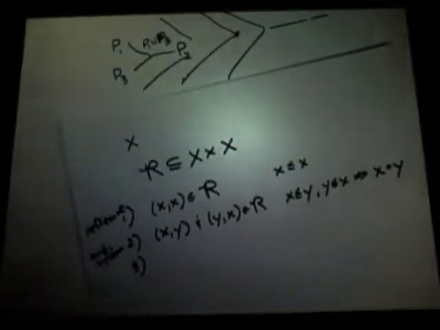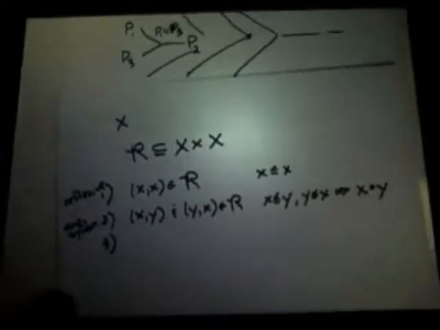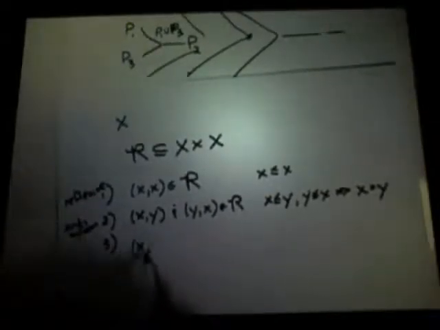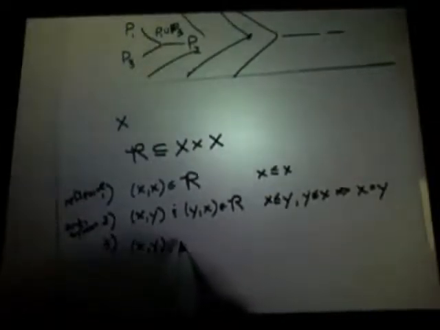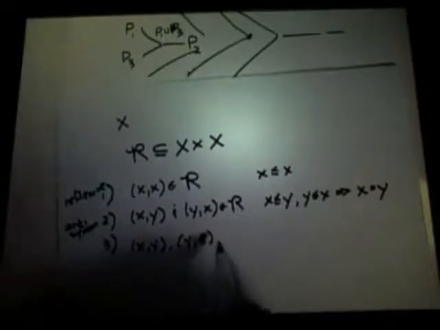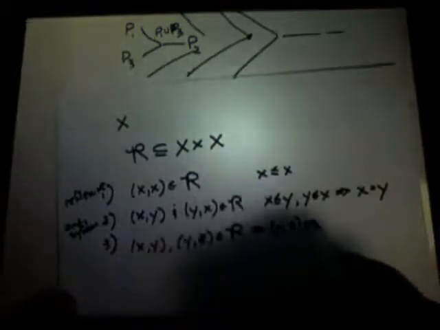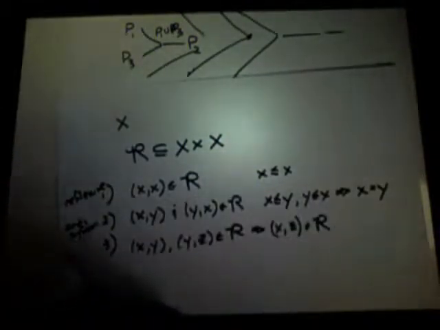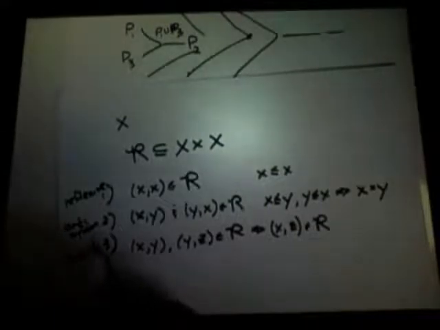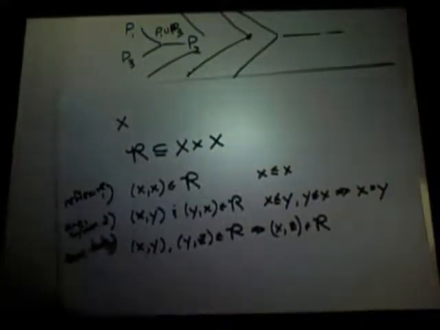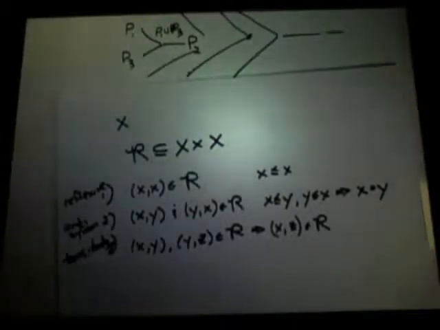And the third one, I think Rob's going to tell us, right? (x, y) and (y, z) imply (x, z). And what's that? Transitivity. So unlike equality, which is reflexive, symmetric, and transitive, a partial order is reflexive, anti-symmetric, and transitive.